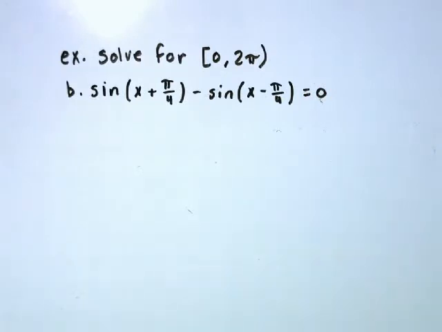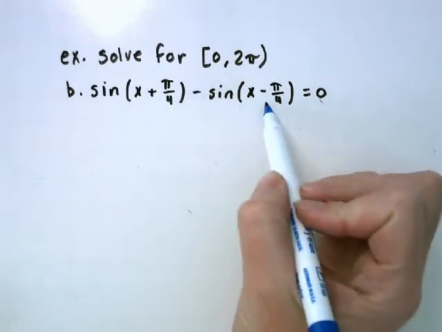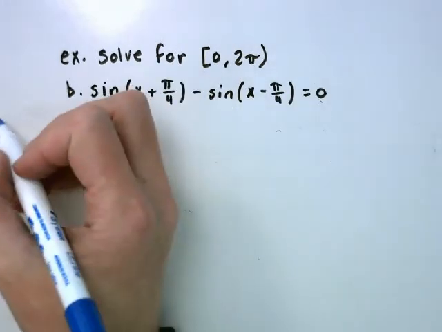Okay, this one's going to be pretty similar. So again, this is going to get bigger before it gets smaller. So we're going to apply the sine sum identity and the sine difference identity.